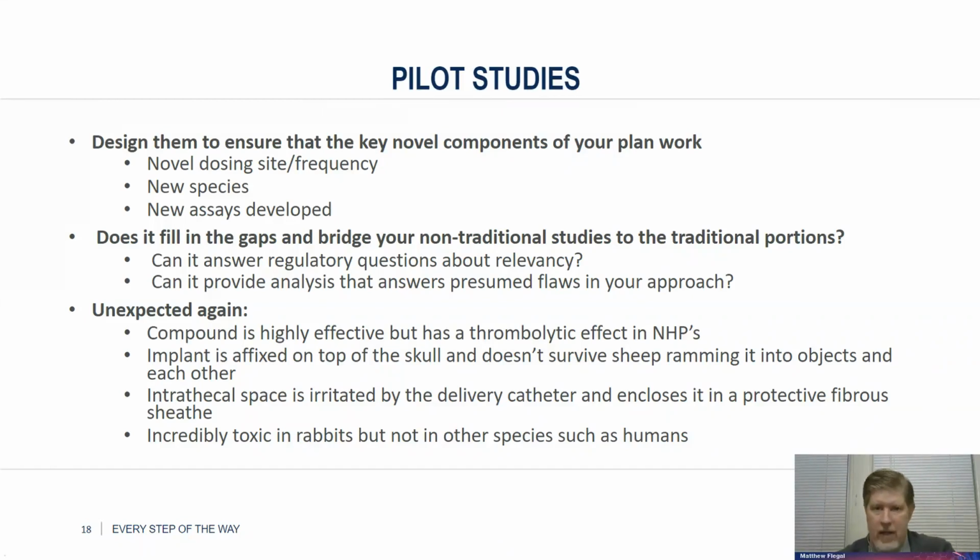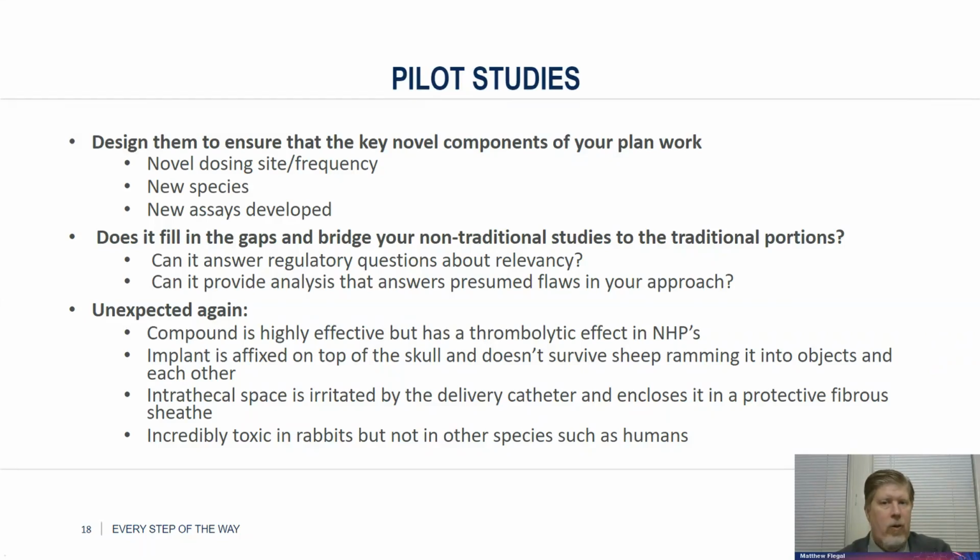And you will see examples. Your compound is wonderful. It absolutely is the most effective compound ever seen. But when you put it into non-human primates, it has a really pronounced thrombolytic effect, which means that isn't going to the agencies. You put an implant on the top of the skull of a sheep, and you don't take into account that sheep like to butt things with their head.